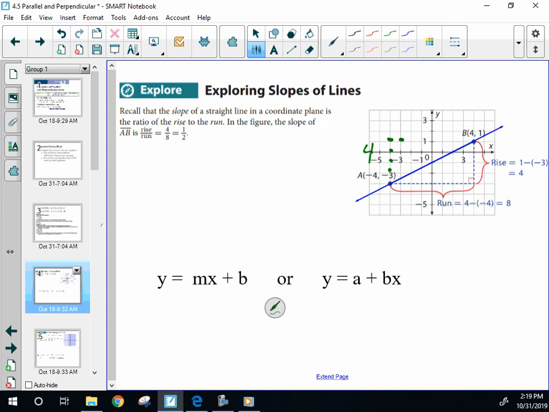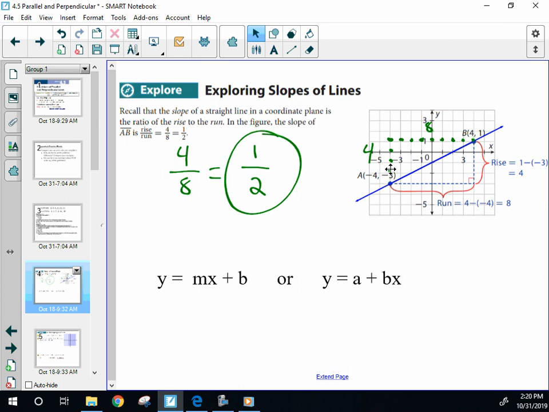From there, I'm going to the right 1, 2, 3, 4, 5, 6, 7, 8. So my rise over run is 4 over 8. We want to simplify all fractions. 4/8 is the same as 1/2. I can divide the top and bottom both by 4, which gives me 1/2, so my slope is 1/2.